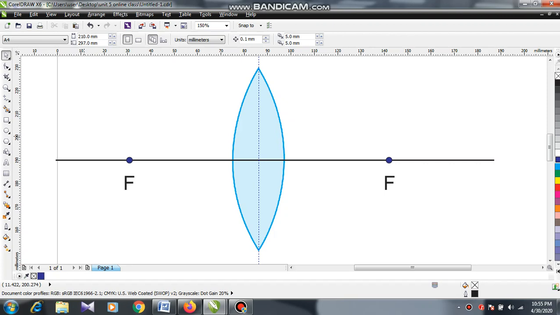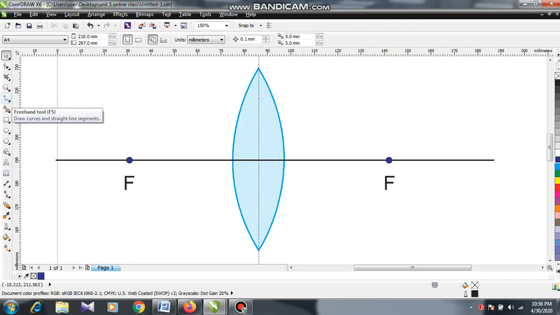Today we are going to work on another portion of our lesson, how light is refracted in a convex lens. You children know that there are two focal points for a single convex lens, on either side. Both focal points are at equal distance from the lens.